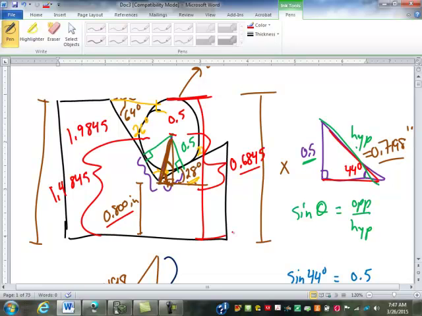So what we're looking at in these problems today, we're not just finding a single right triangle.